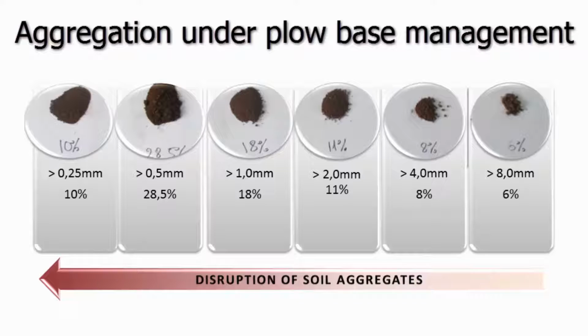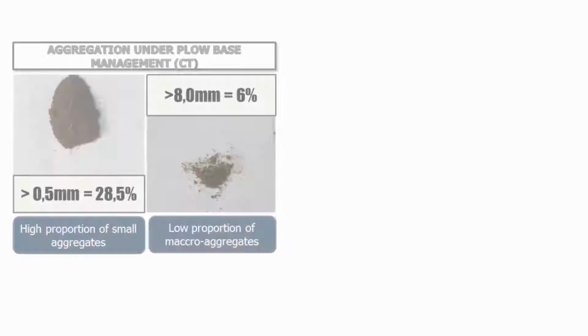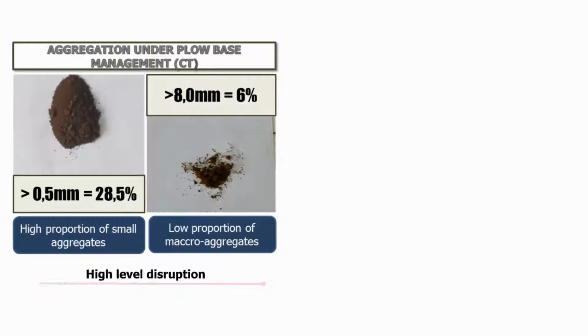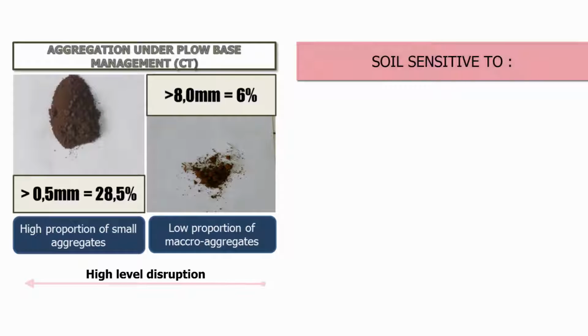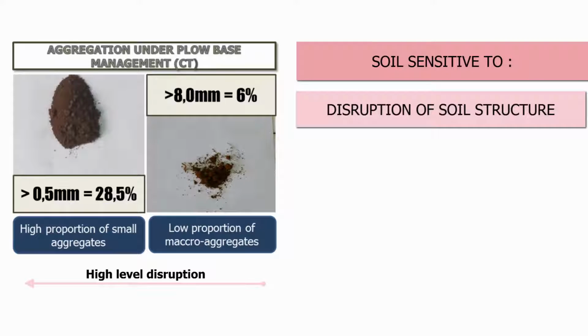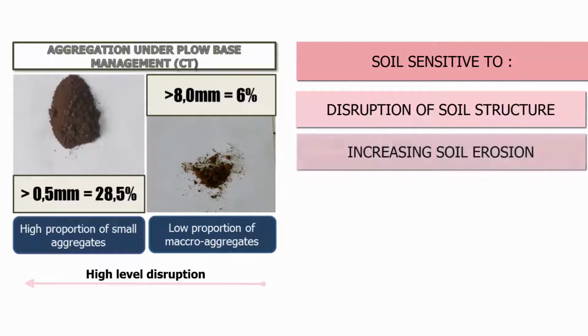So what does it mean? Obviously, under plow-based management, the soil is disturbed every year, so we have this process of disaggregation of the soil structure, and so the soil is much more sensitive to runoff, to soil erosion, water and wind erosion, in fact.